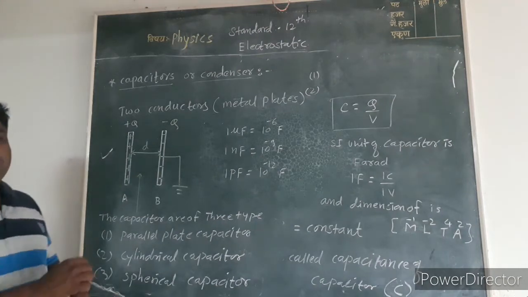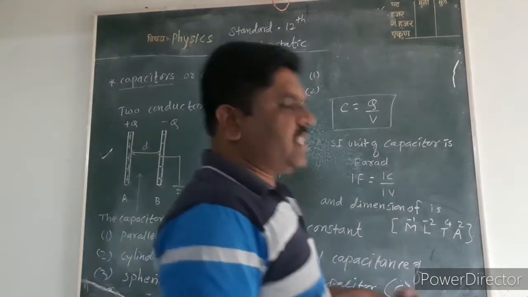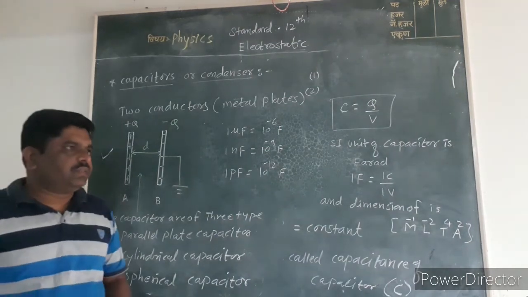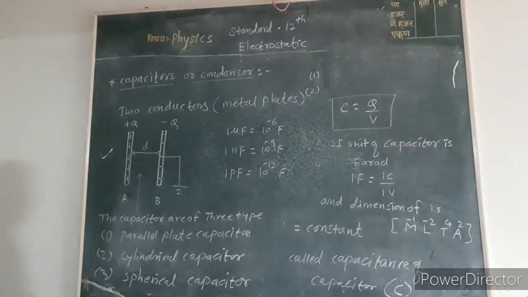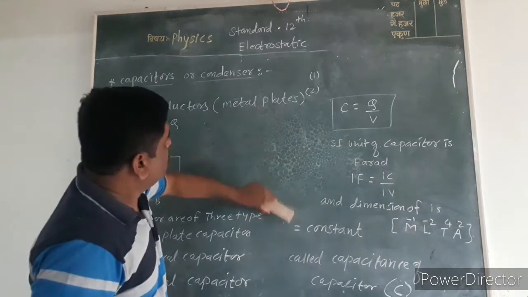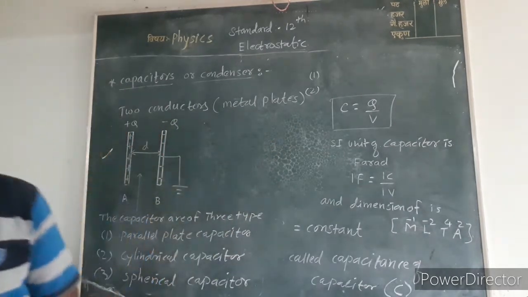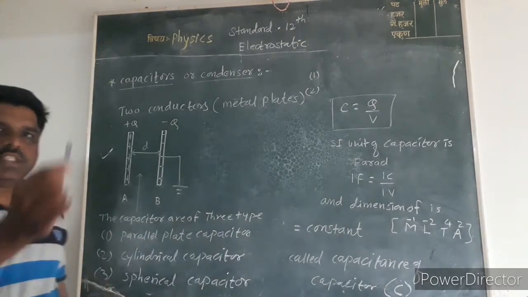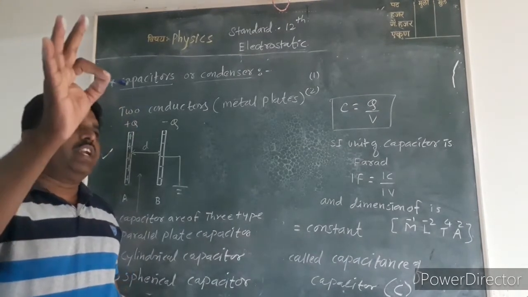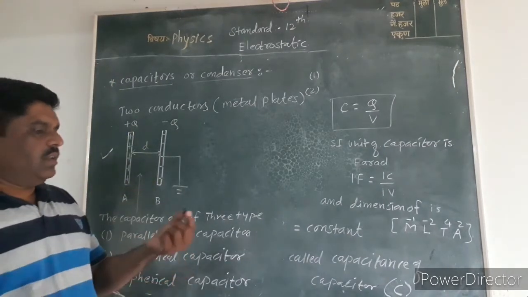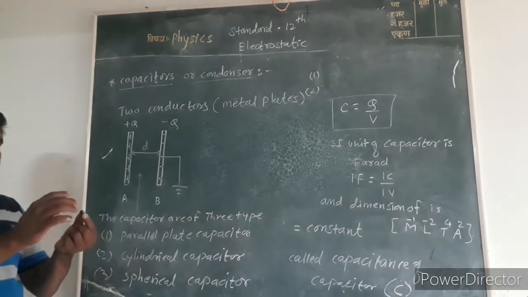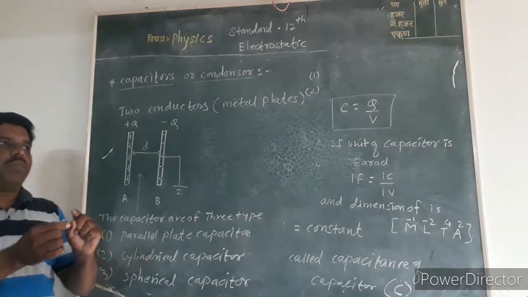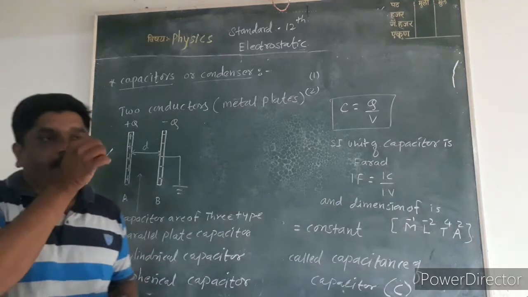Then we discuss capacitors connected in series. Before that, this is actually the cylindrical capacitor. This capacitor contains two terminals. First terminal is positive and second terminal is negative.